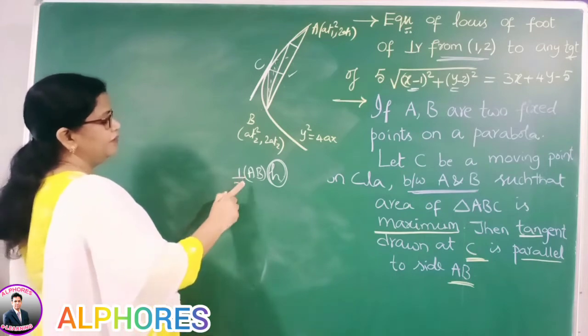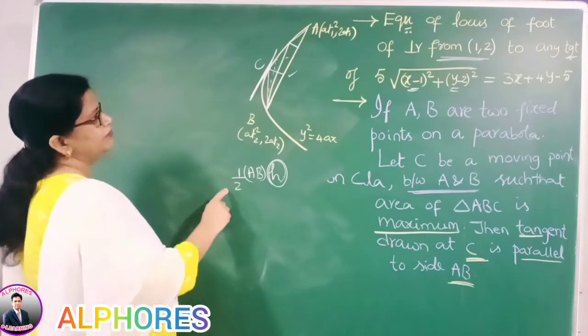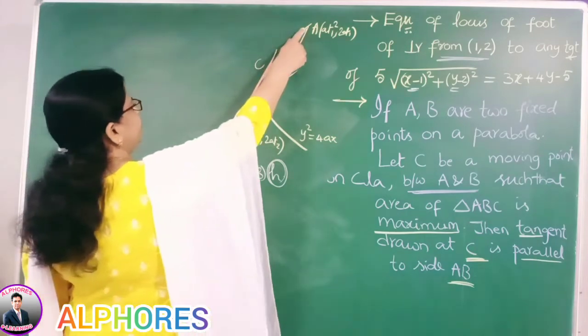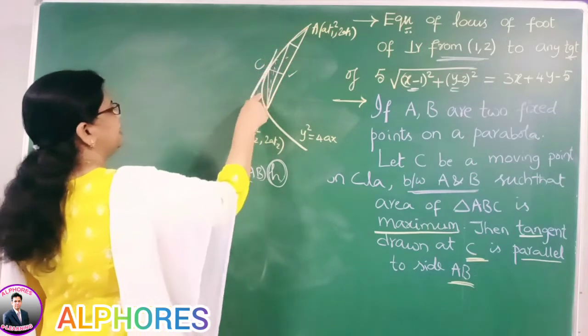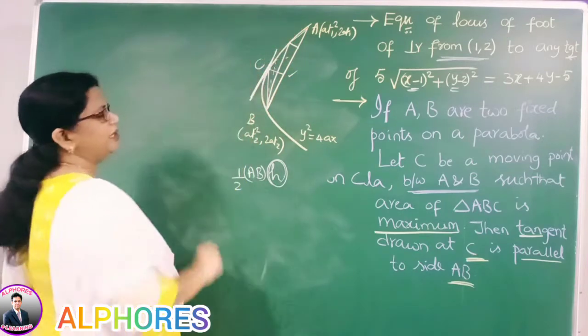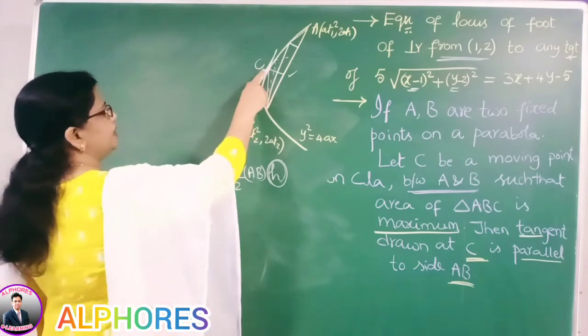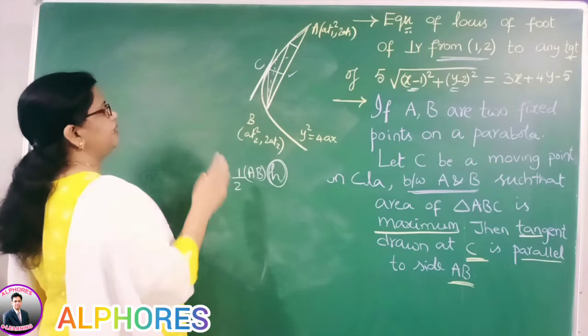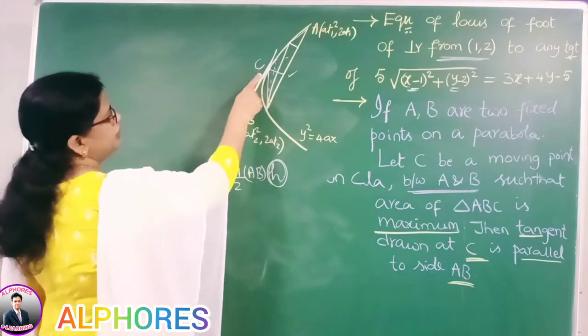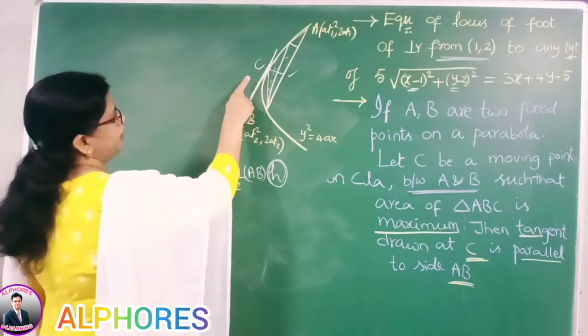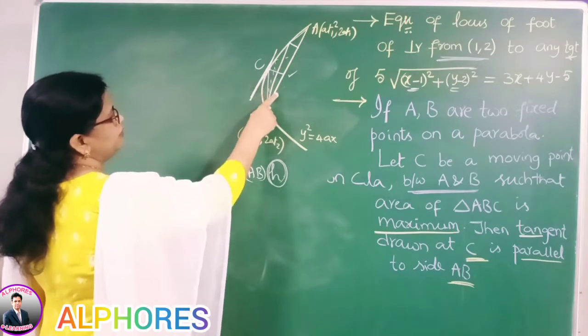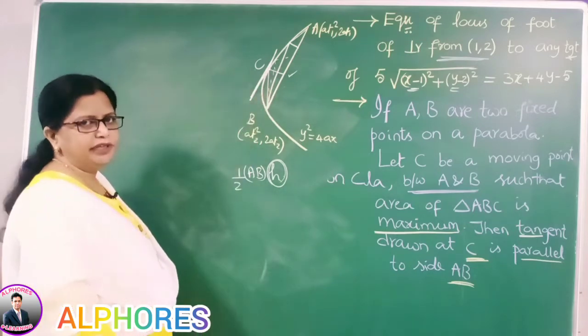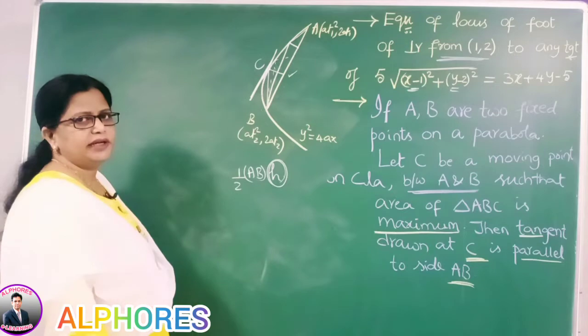Many positions are there for the point C, but exactly at one point of C the area of the triangle is maximum. When will it happen? Whenever the tangent at C, at that maximum stage, is parallel to the side AB. So how can we prove this kind of result?